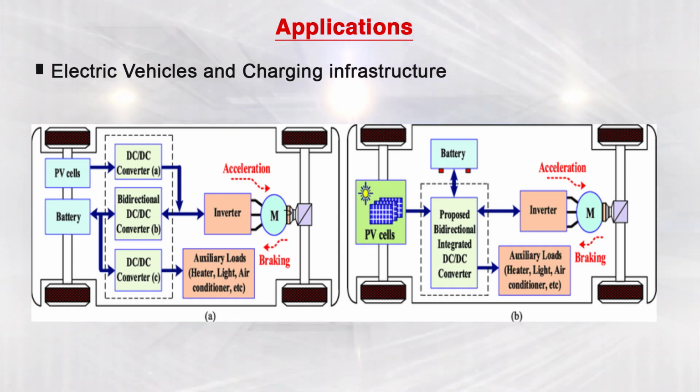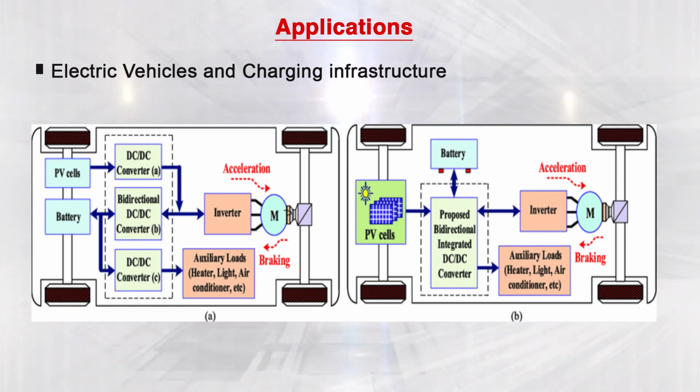However, the battery can act as a sink and source. So, in this case we need a bidirectional DC-DC converter unit along with the battery bank or battery pack. Why?